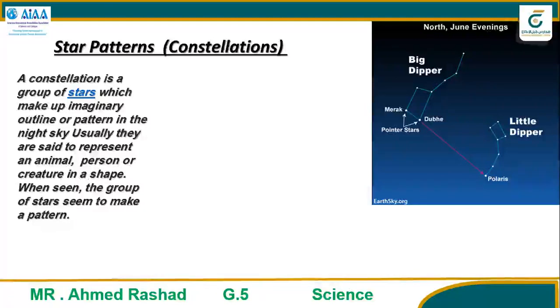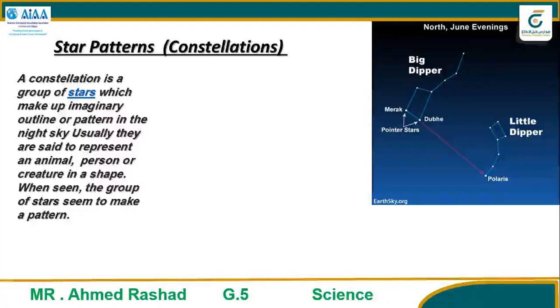So again, a constellation is a group of stars which make up an imaginary outline or pattern in the night sky, only in the night sky. Usually they are said to represent an animal, person, or culture in a shape when seen.